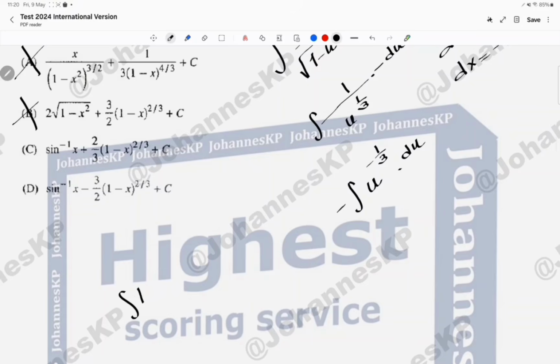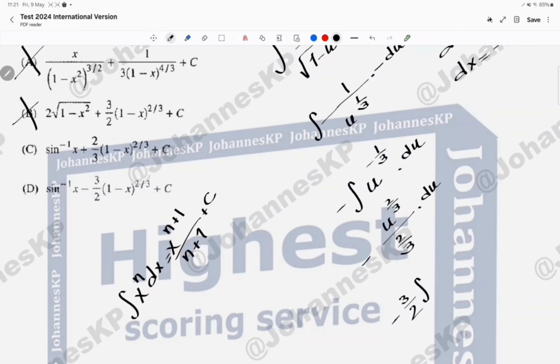What was the integration rule? x^(m+1) over m+1, plus c. So here you should add 1, giving 2/3, and divide by the same exact power. Now, this 2 over 3 gets flipped when we bring it to the top. Becomes 3 over 2.